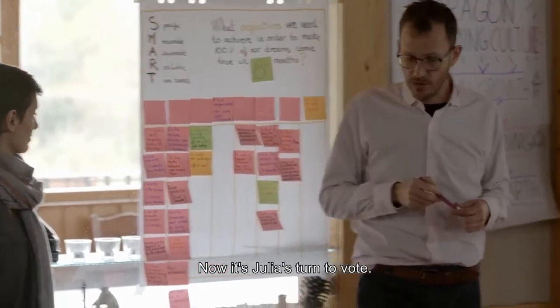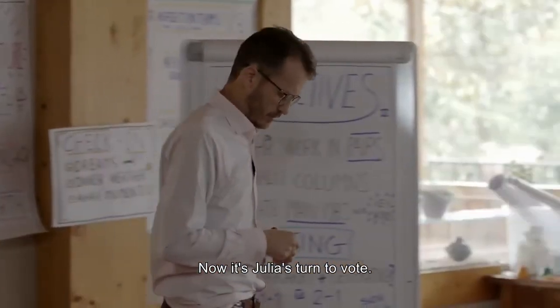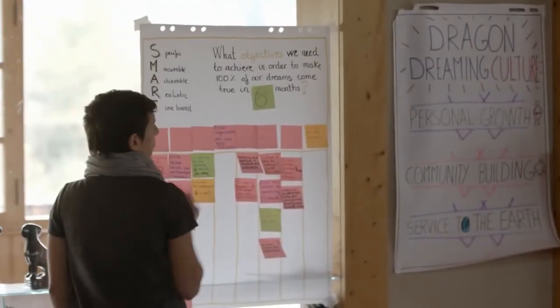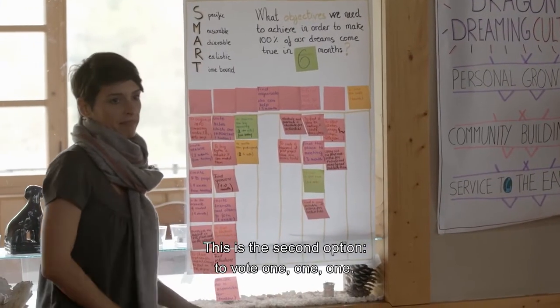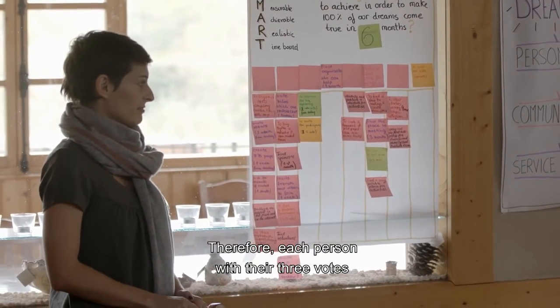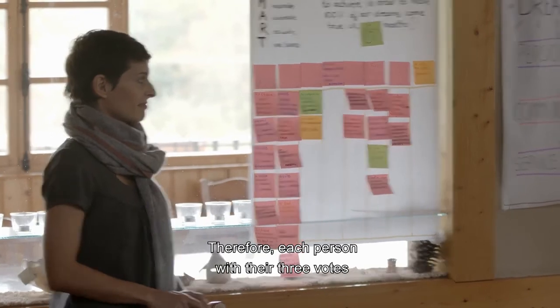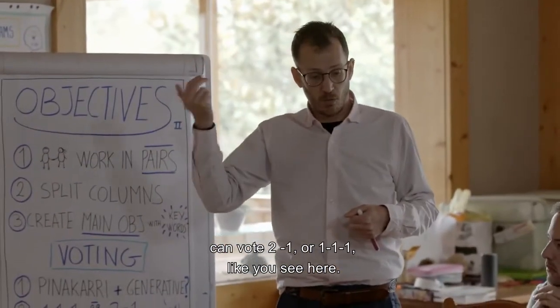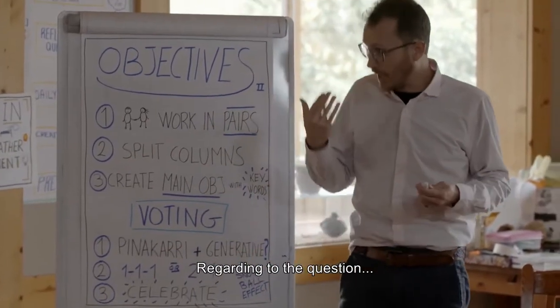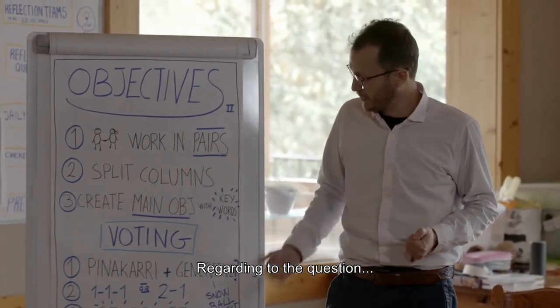Now Julia is coming in voting. And this is the second option, to vote 1, 1, 1. So each person, with 3 votes, can do 2, 1 or 1, 1, 1, like you see here, regarding the question.